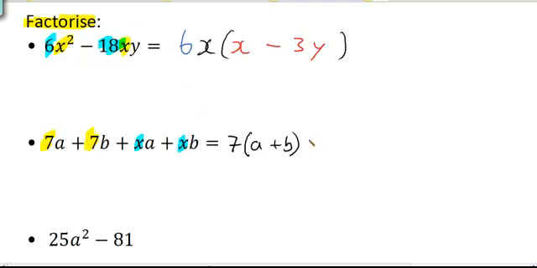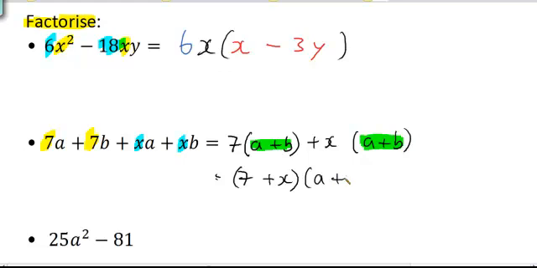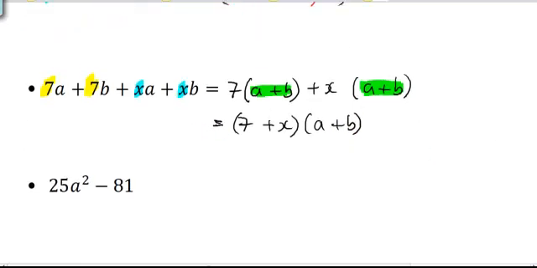So I can take x out of those two, and I get x times a plus b. Now, there's one little thing we should notice: we've got an a plus b there and an a plus b there. So I can write this as 7 plus x times a plus b. So that's grouping 2 terms.